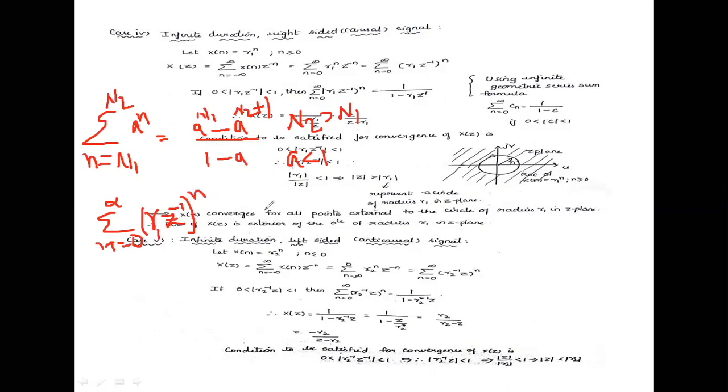So with this, you can substitute a as r1 z power minus 1. What is n1? 0. What is n2 here? Infinite, plus 1, whole divided by 1 minus a.